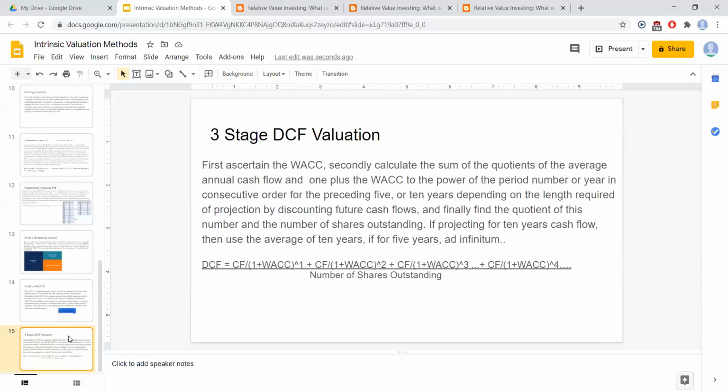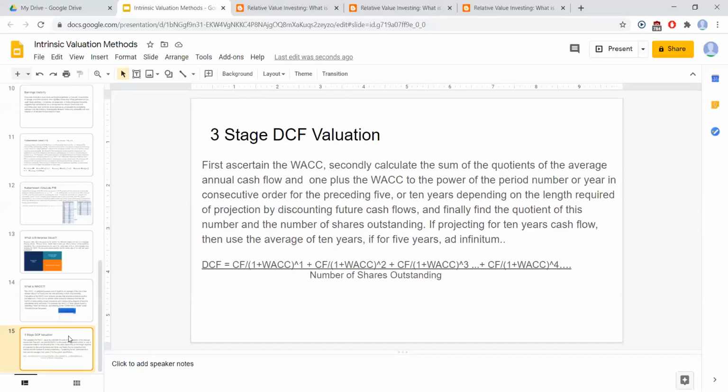If projecting for 10 years of cash flow, then use the average of 10 years. If for 5 years, then the average of 5 years of cash flow. So essentially, you're just taking the average for the given period or duration, usually 5 to 10 years, it depends.